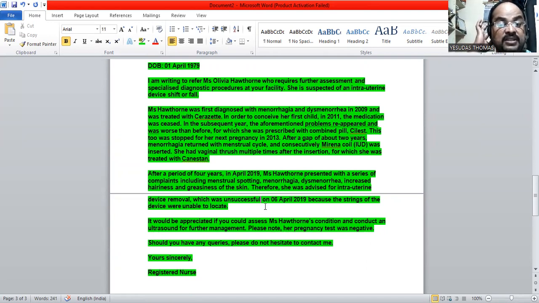Let us go for a small editing here. On 6 April 2019, attempts were made for the removal, the IUD removal.